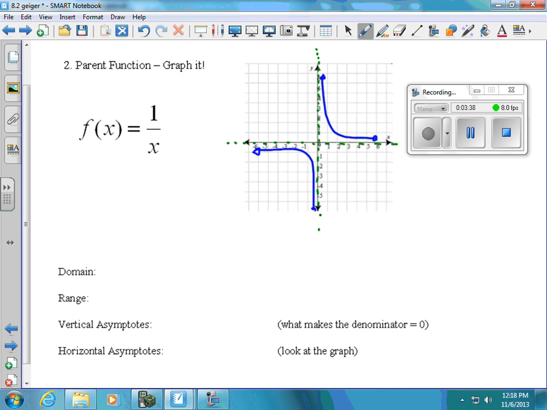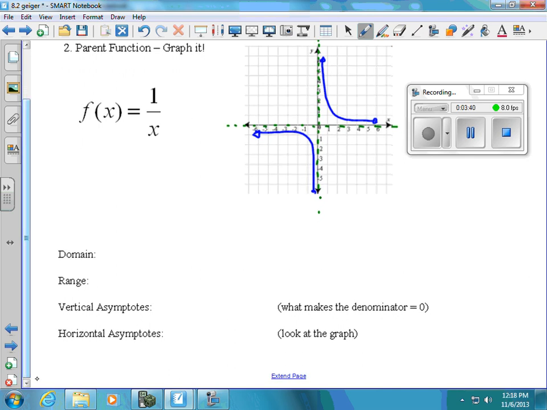So for the vertical asymptote, what's the equation for the y-axis? The equation for the y-axis is x equals 0. So x equals 0 is the vertical asymptote. And the horizontal asymptote, well, what's the line for the x-axis? The equation for the x-axis is y equals 0.